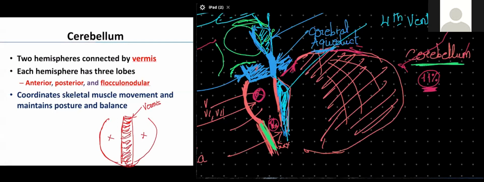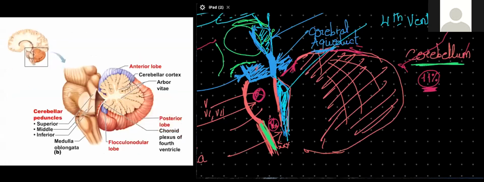We're going to be dividing the cerebellum into 3 lobes, unlike the cerebrum, which was divided into 5 lobes. Remember?